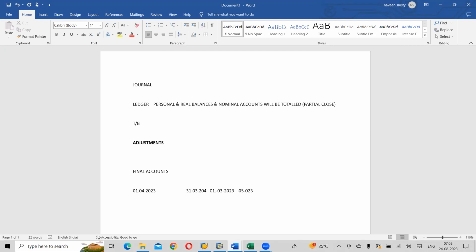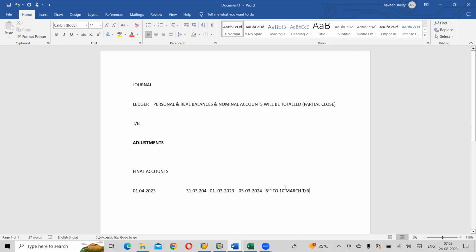So they have done the balances and totalings by 5th of March. Then from 6th to 10th of March, they have prepared their trial balance.